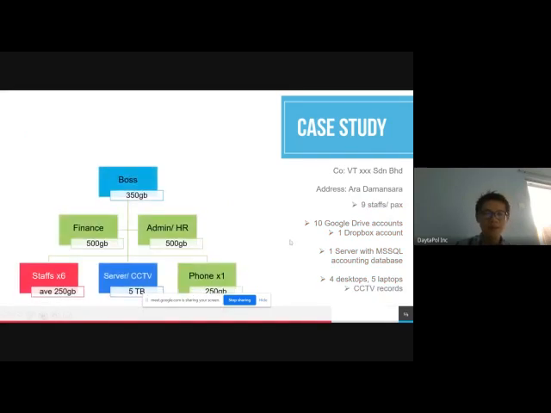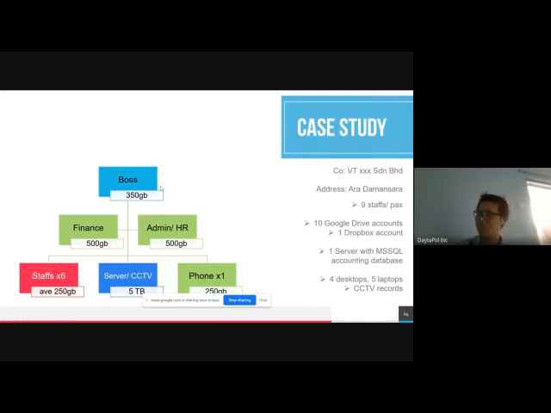And after two to three discussions, this is what we designed for them, and they have executed it as well. The boss himself is using a laptop, and he is securing currently 350 gigabytes out of his own machine.